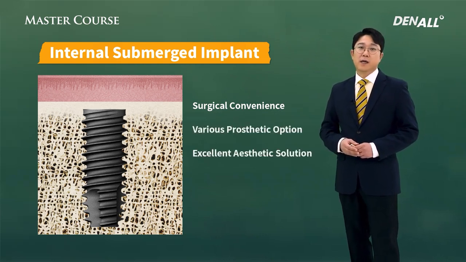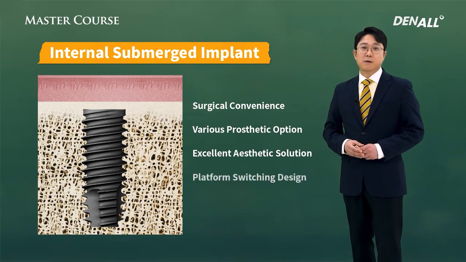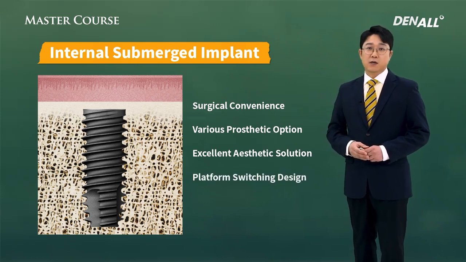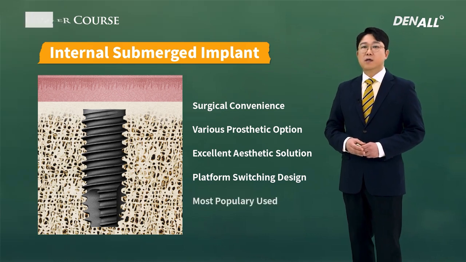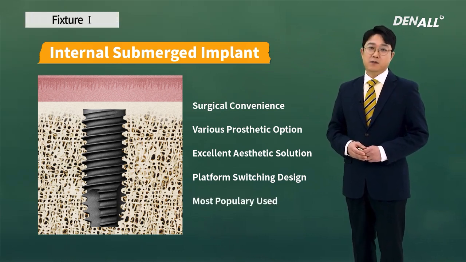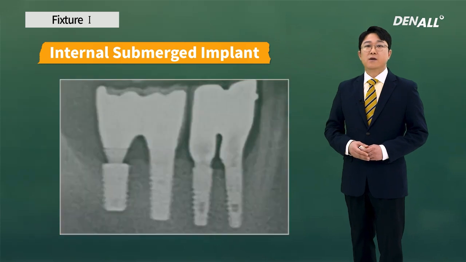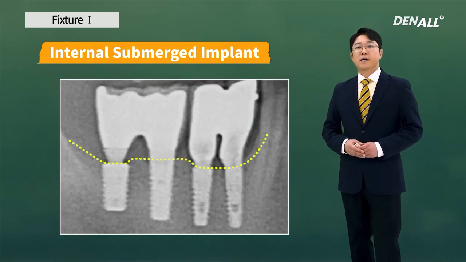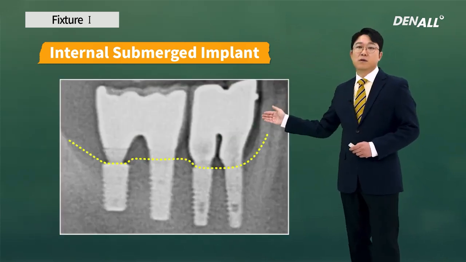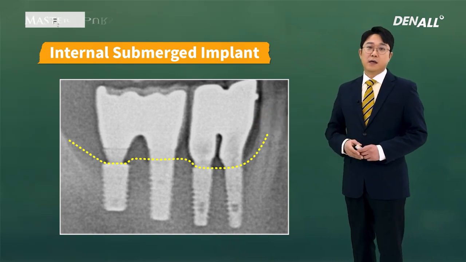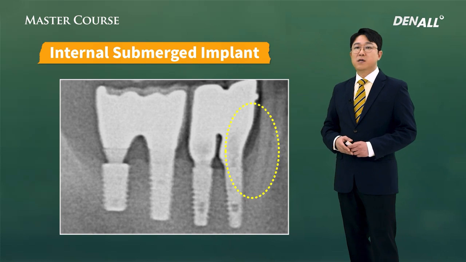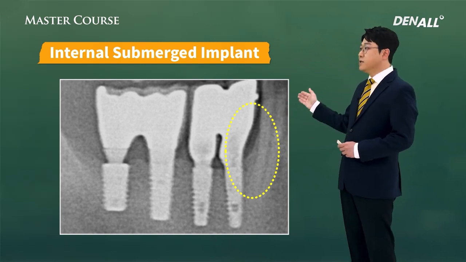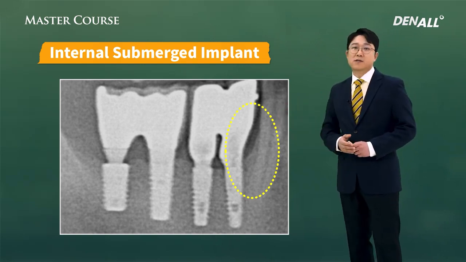It has various prosthetic options, excellent aesthetic solution, and the breakthrough design, the platform switching design, and it is most widely used currently when there is inconsistent bone level. Unlike the conventional implants like external or tissue level implants, stability in the marginal bone is achieved, which was hard to get before.